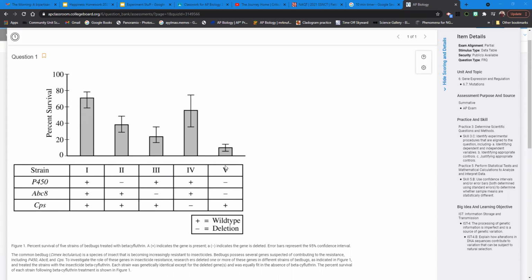So we can see in both 5 and 3, it was deleted. But in strain 5, there are 2 things deleted. So there's essentially 2 independent variables. So you cannot see exactly what the effect of ABC8 is. So strain 3 is what you wanted to compare to.